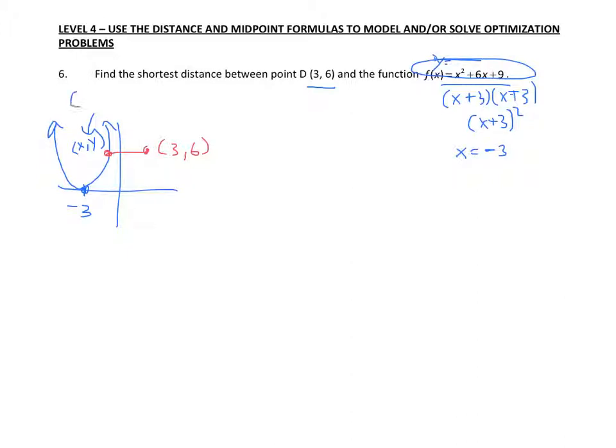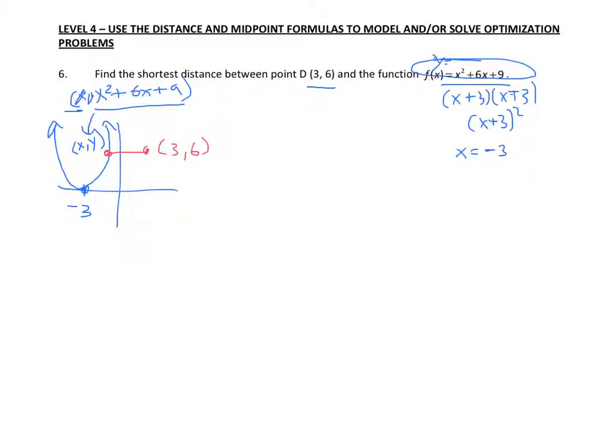So for any x coordinate, the corresponding y coordinate is whatever you get when you plug it into the formula x squared plus 6x plus 9. So that's what I'm going to use as my xy pair. X is just x, but y is going to be the actual function from the graph, from the parabola.